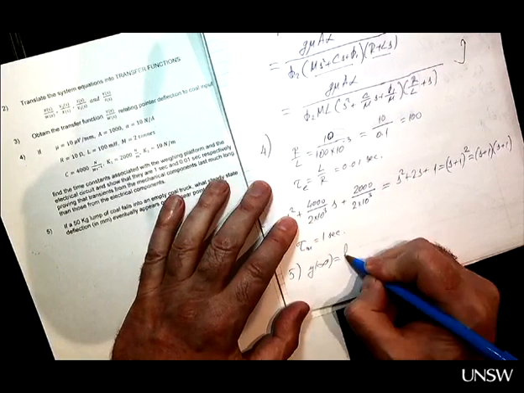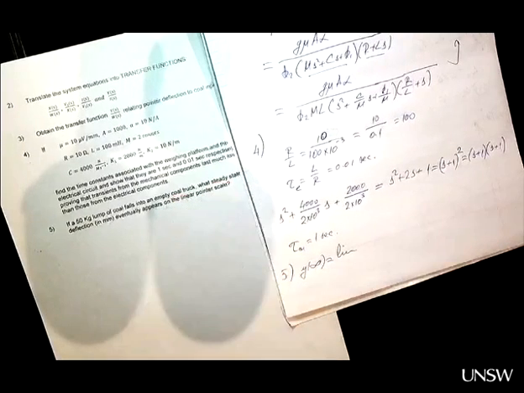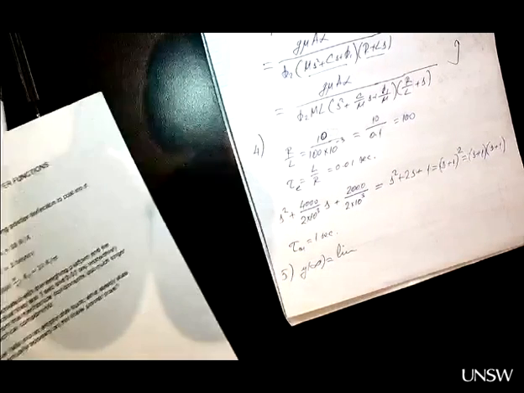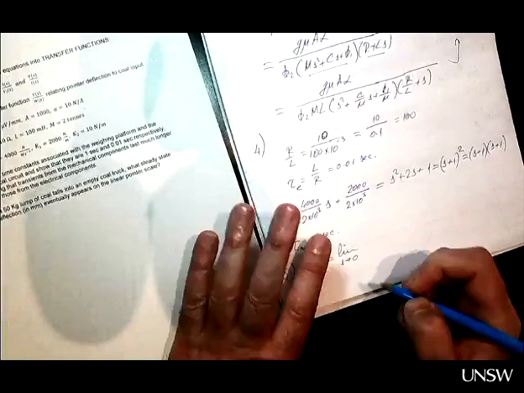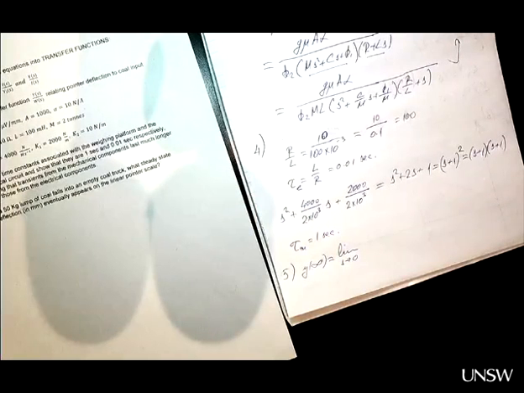So the steady state value, y of infinity, is equal to the limit, as s approaches 0, of s times y of s. Why am I using this equation? Because if I do that, I don't have to find the inverse Laplace transform. I don't have to find y of t and make time equal to infinity.